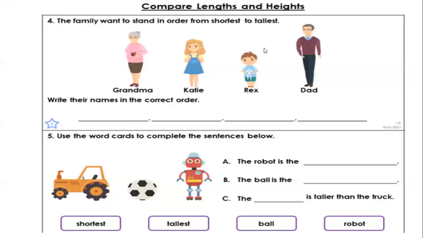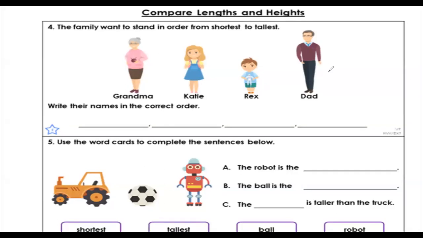Okay. So everything is clear? Okay, great. How about this one? Another picture. Let's try to answer. Let's compare the family. So we're going to compare the family that stands in order from shortest to tallest. So look at the picture carefully. Okay, now, so Grandma, Katie, Rex, and Dad. So first from the shortest. Okay, so who is the shortest? Okay, Rex is the shortest.